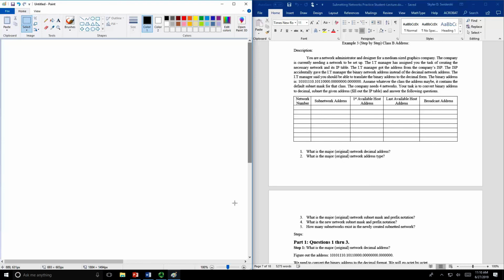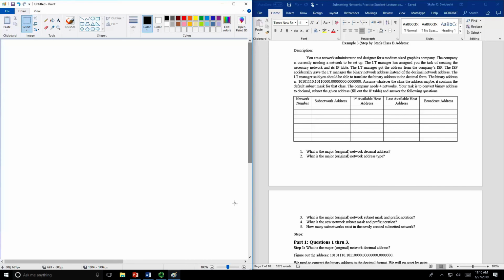In this case, you are a network administrator and designer for a medium-sized graphics company. The company currently needs a network to be set up. The IT manager has assigned you the task of creating the necessary network and its IP table. The IT manager got the address from the company's ISP, but the ISP accidentally gave the binary network address instead of the decimal network address.